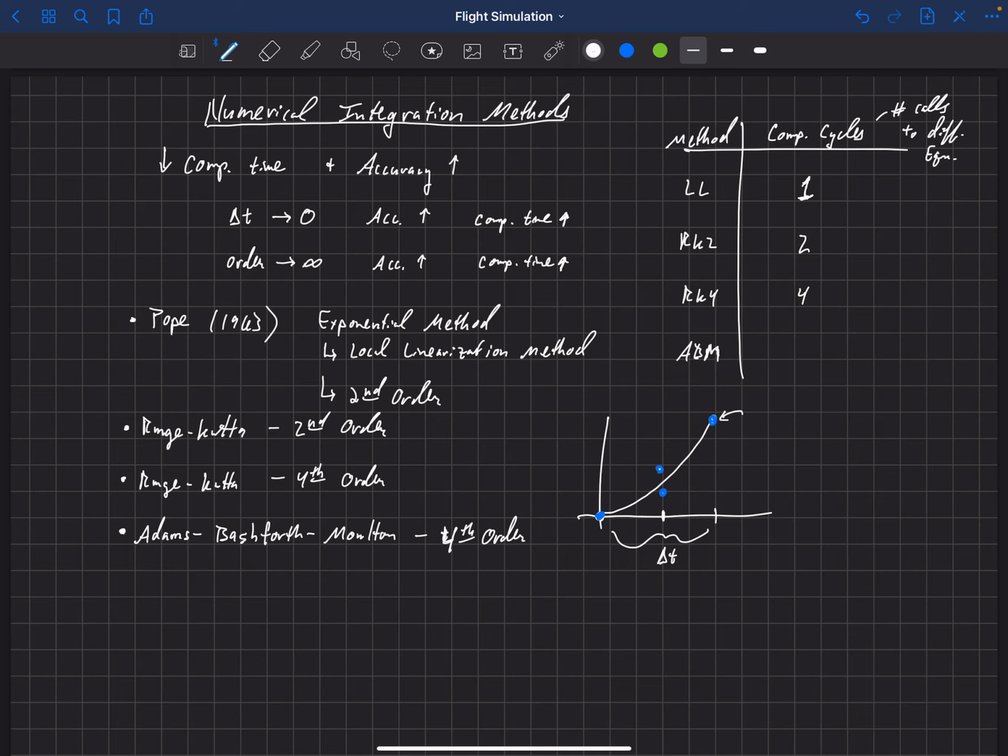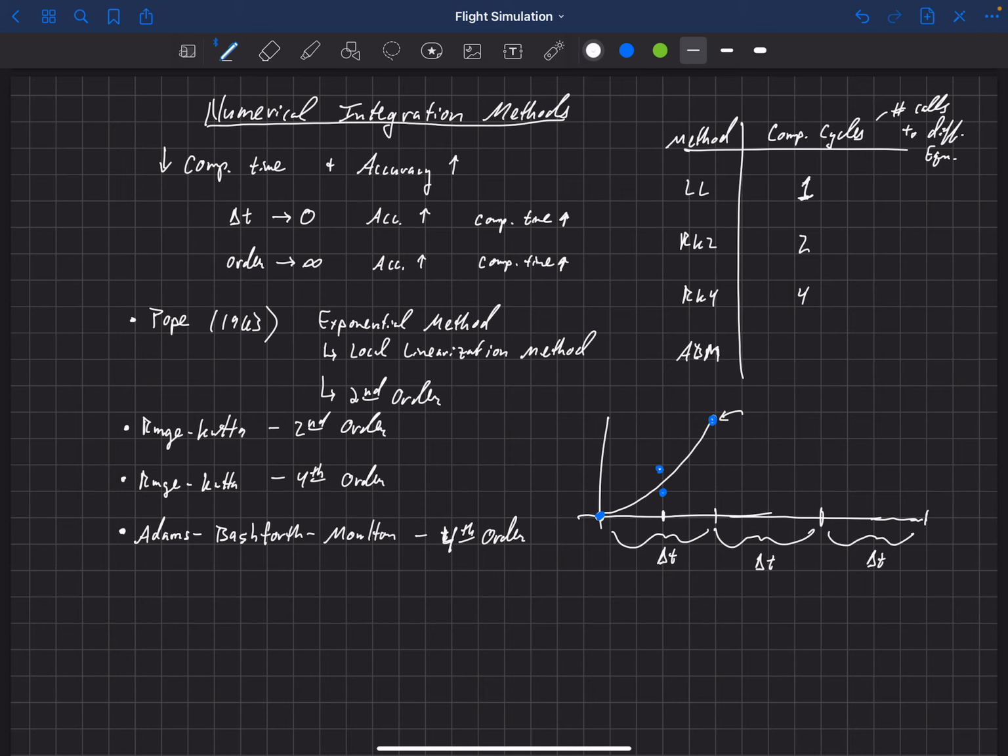And this method actually is kind of interesting. So what happens is if we continued on down here, we had another delta t here, and we'll just do one more here, delta t.